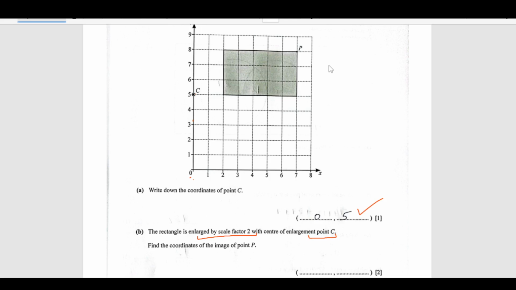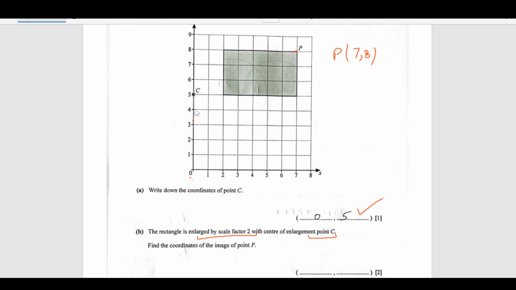So, we have to calculate this. How are we going to do that? What are the coordinates of point P? Point P is 7 and 8. These are the coordinates of this point P. Now, this is going to enlarge from the center C.